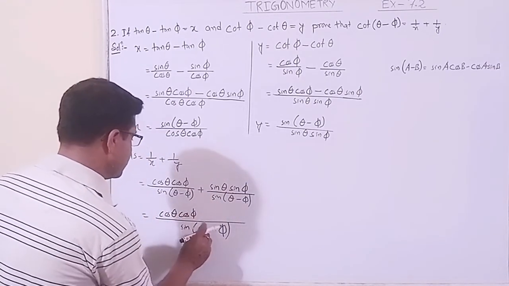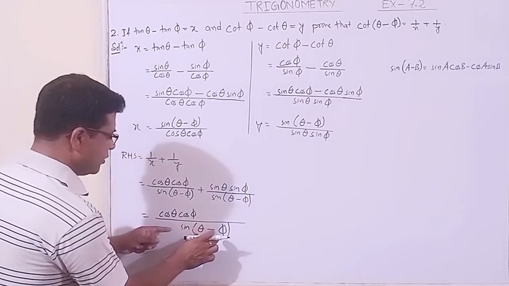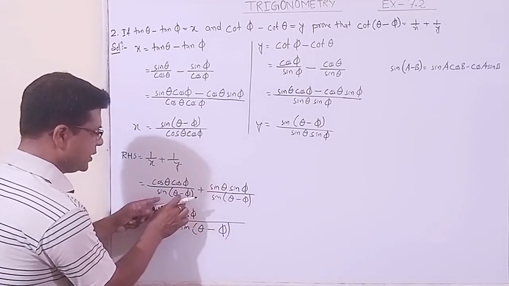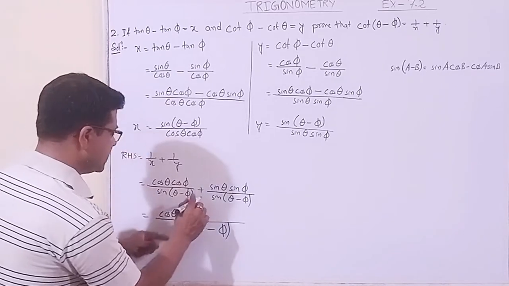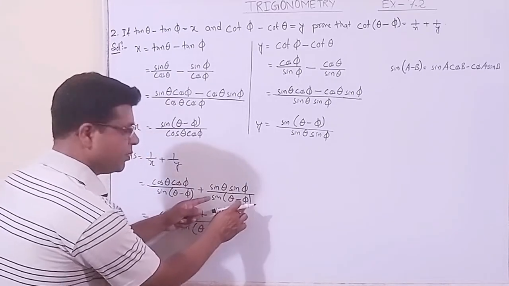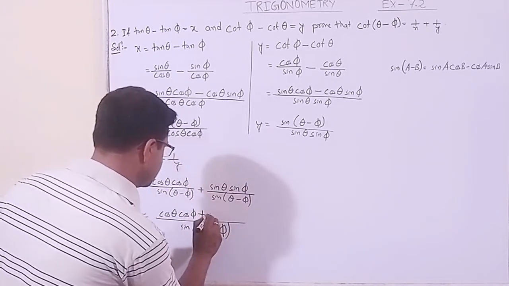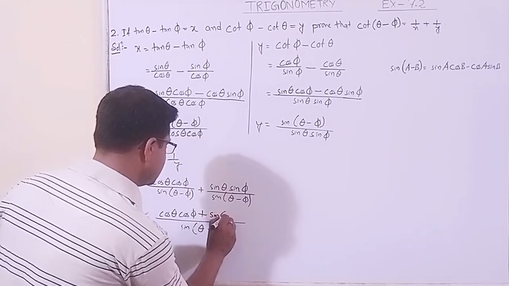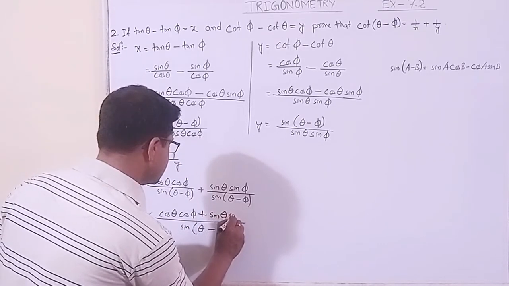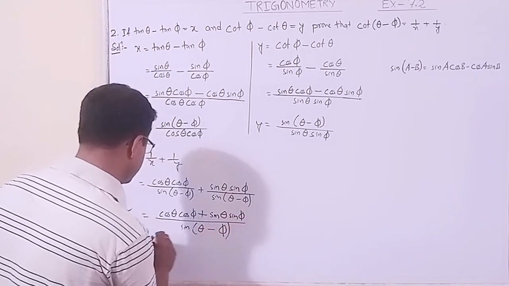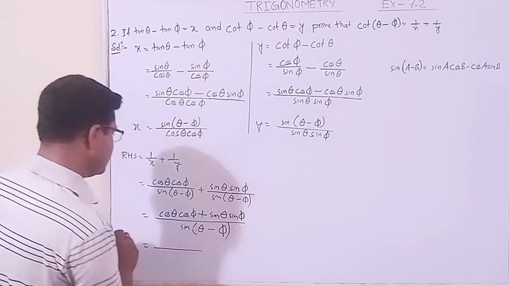Again if you didn't understand what we are doing, this divided by this is 1 into this is this, plus again this divided by this is 1 into this is this, sin theta sin phi. Now do you think this is in any formula?